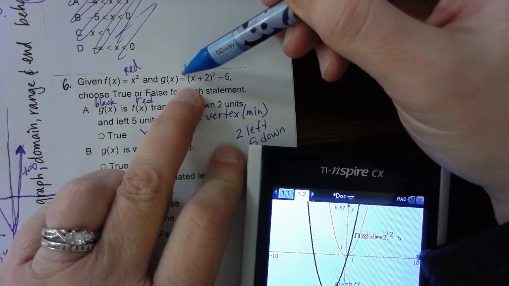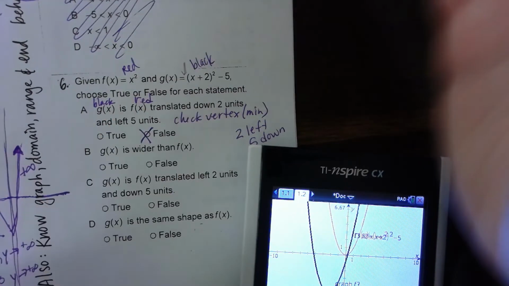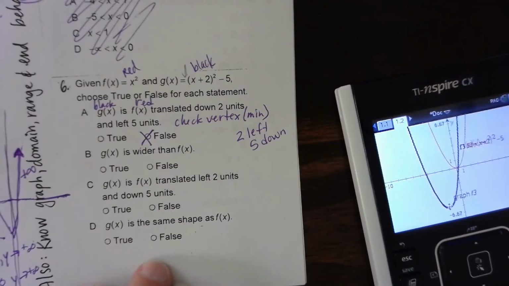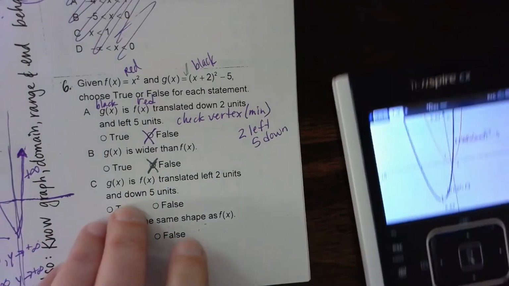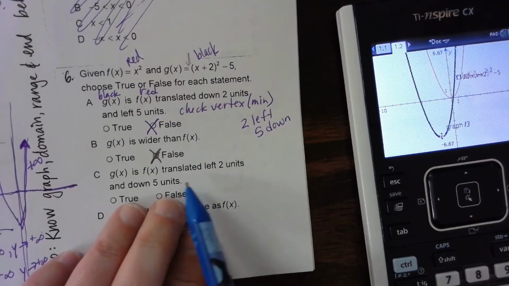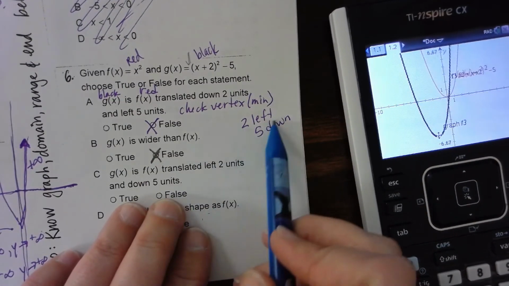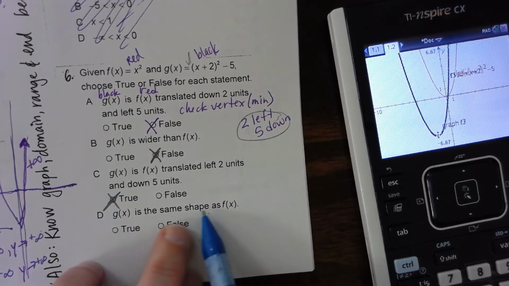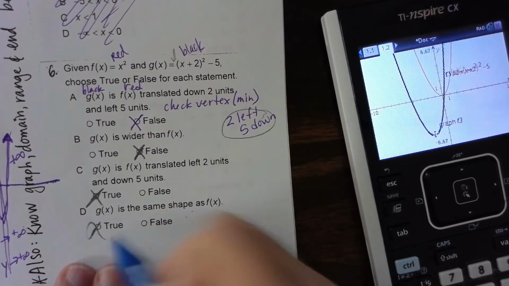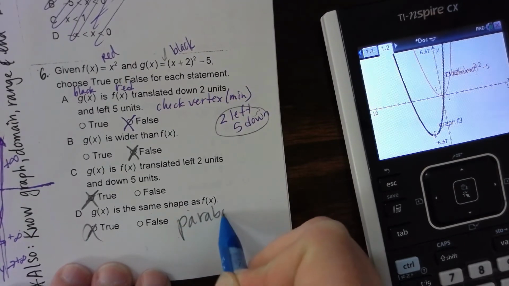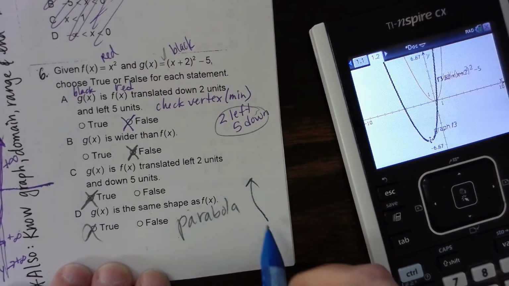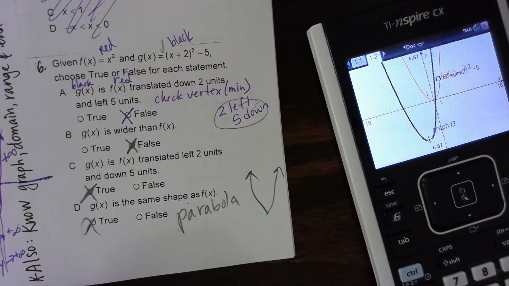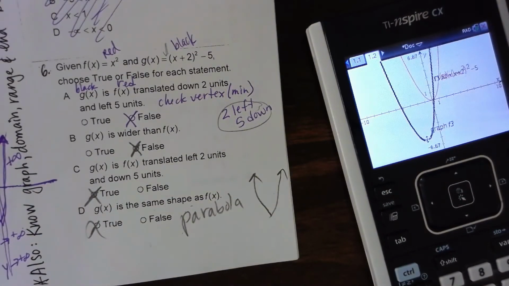If there was a number right in front of x squared, that would change the width of our graph. g of x is 2 to the left, 5 down. That's what we already said. That's true. g of x is the same shape. True. These are both parabolas, which is that U-shaped graph with its vertex.